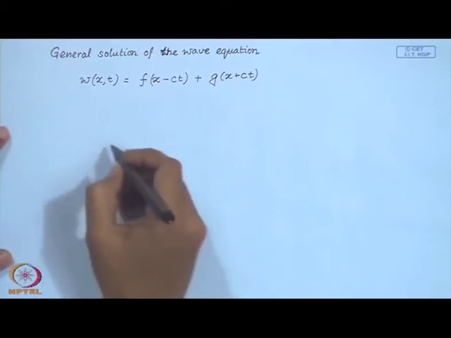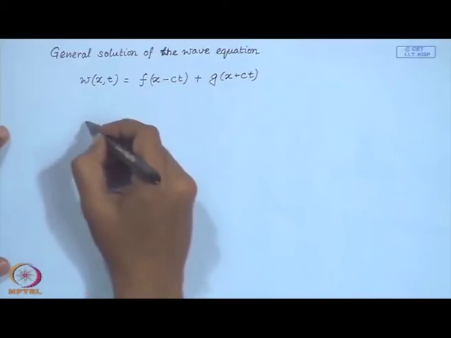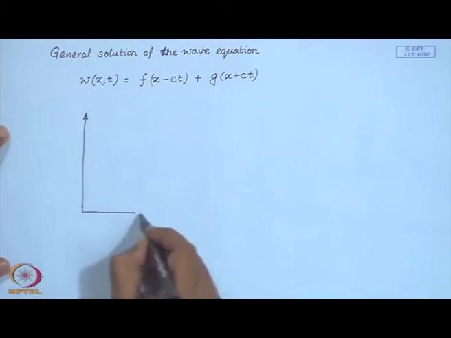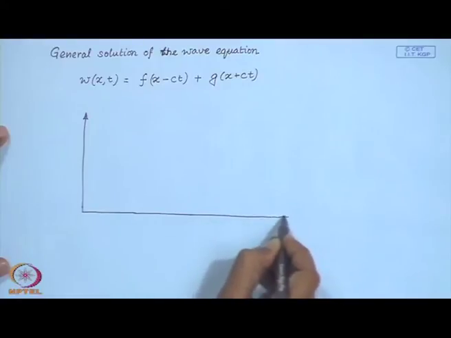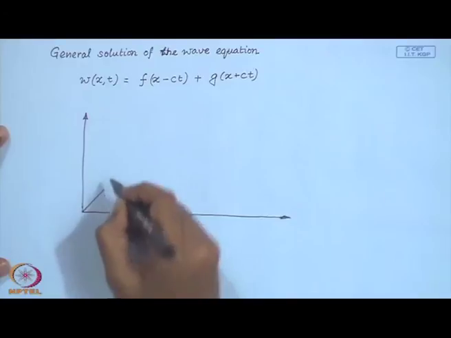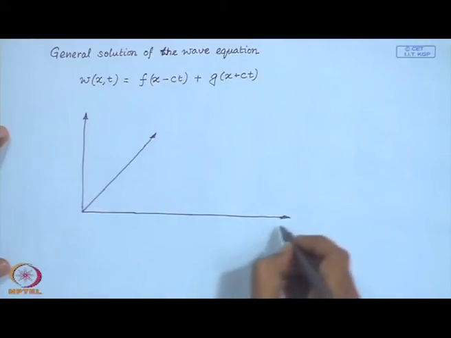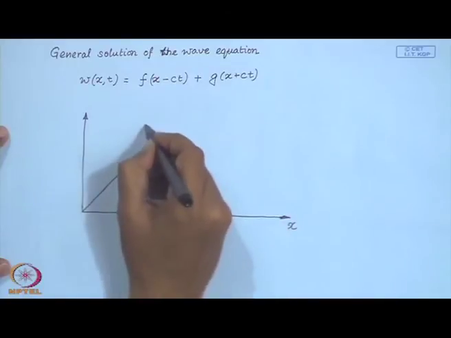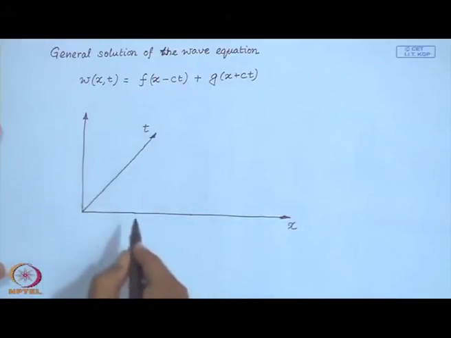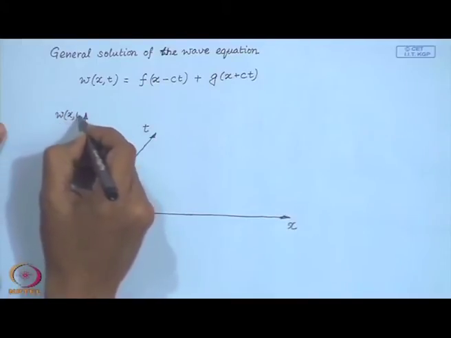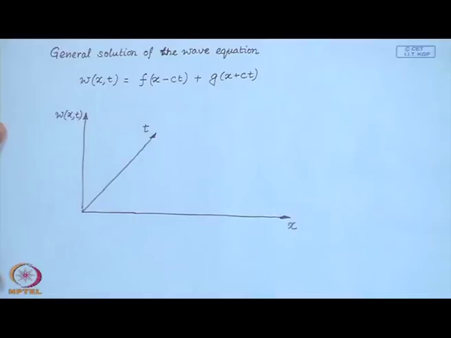Now, let us look at this situation. This represents x, this represents time t, and this is the displacement or the field variable.